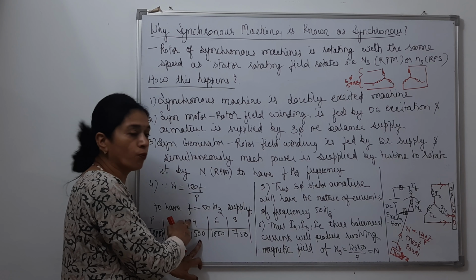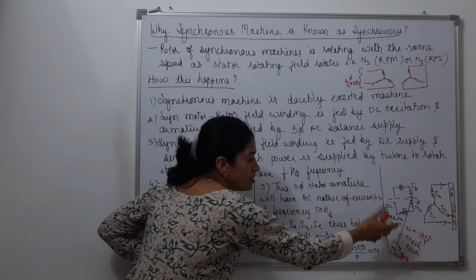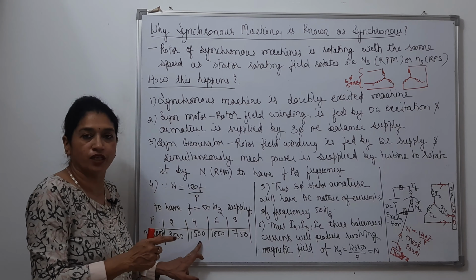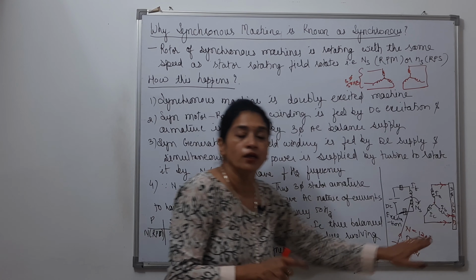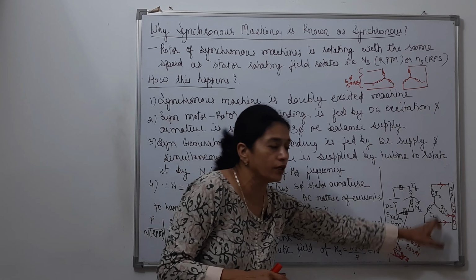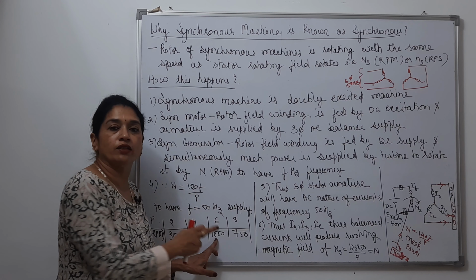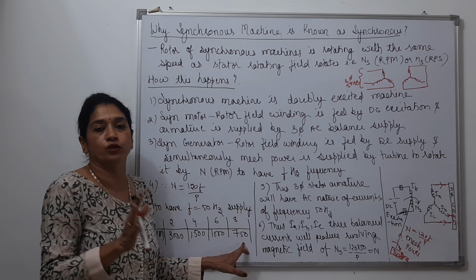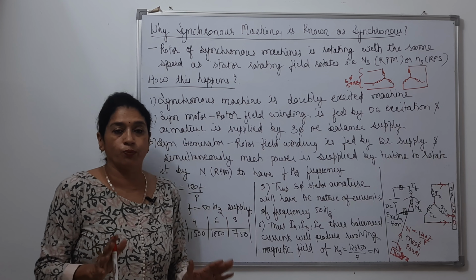If we have a four pole machine, then the rotational speed given by the turbine to the rotor must be 1500 rpm. If the machine is of 6 poles, to have 50 hertz induced power here, we must rotate the rotor at 1000 rpm. Similarly, an 8 pole machine has to be rotated at 750 rpm.